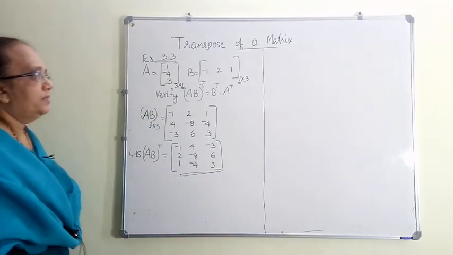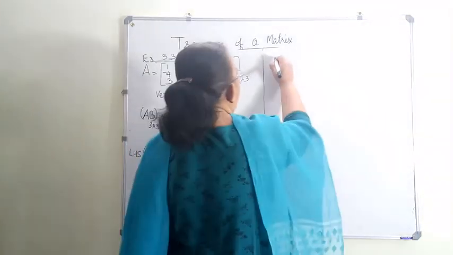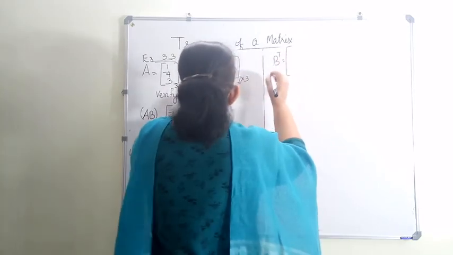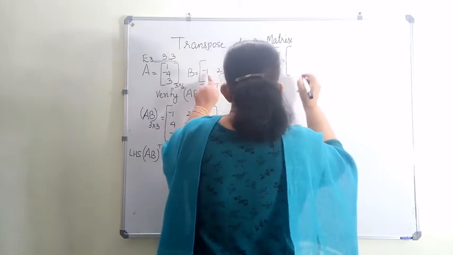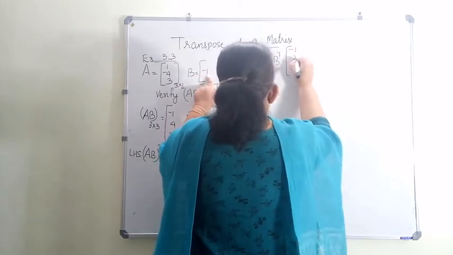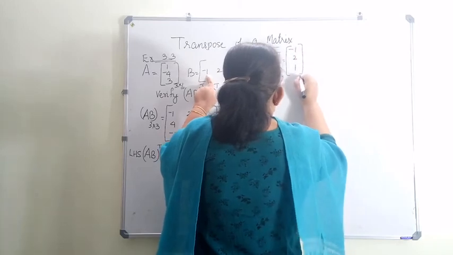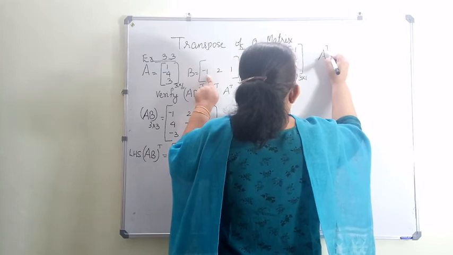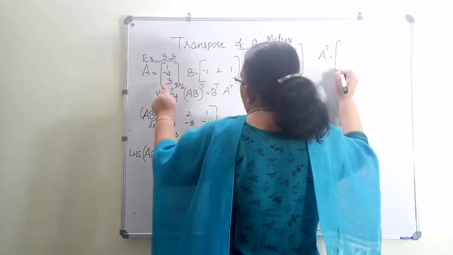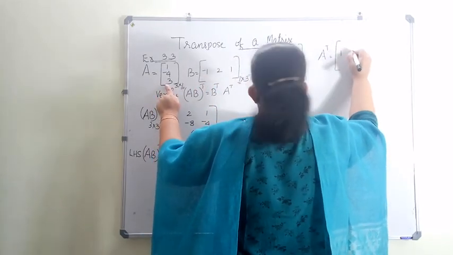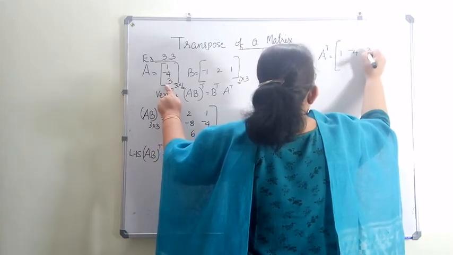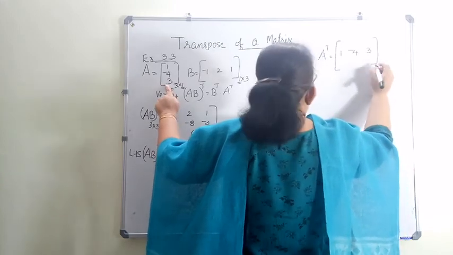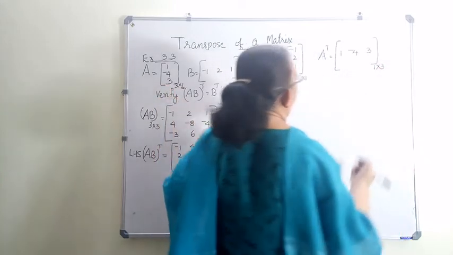Now, on the RHS, you have to find B transpose first. B transpose is equal to row matrix becomes a column matrix. Minus 1, 2, 1. 3 rows and 1 column. A transpose. Column matrix becomes a row matrix. 1, minus 4, 3. 1 row and 3 columns.